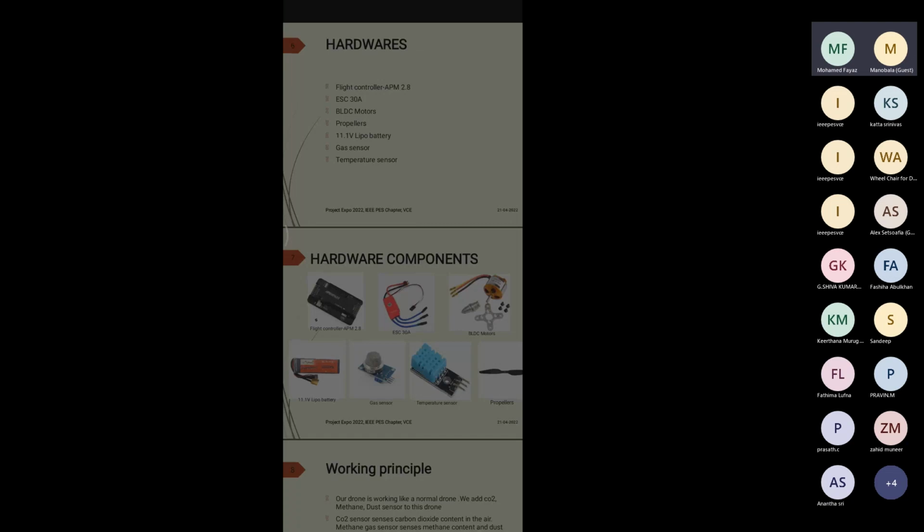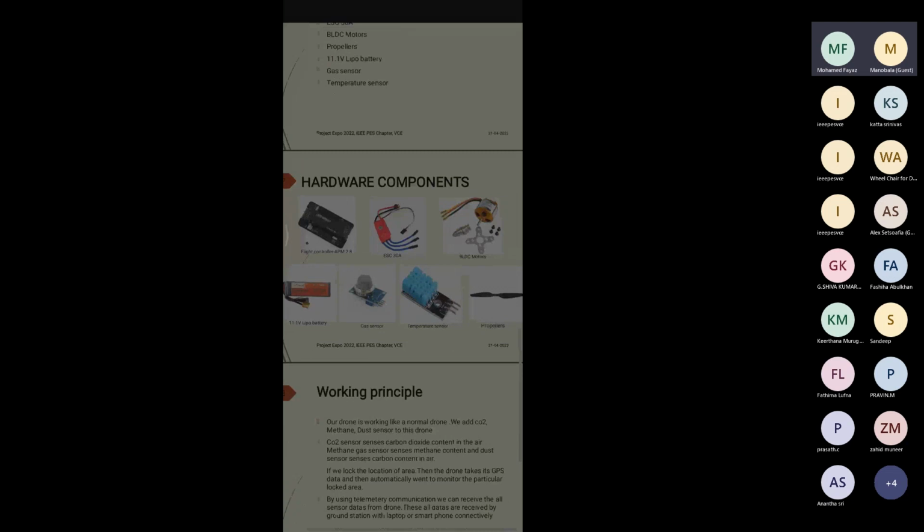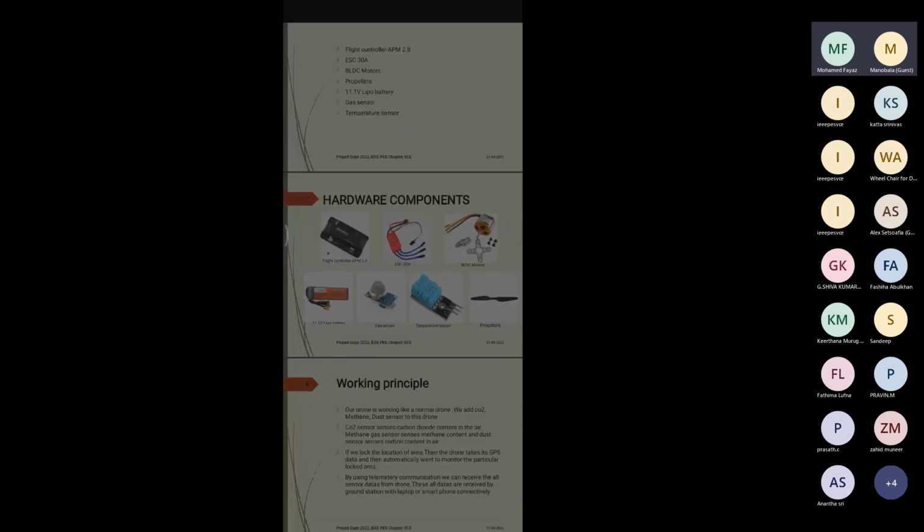The flight controller uses the data gathered by the sensors to calculate the desired speed for each of the four motors. The flight controller sends this desired speed to the electronic speed controller. It translates the desired speed into the signal that the motor can understand.